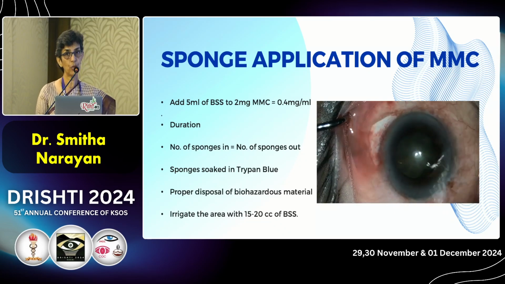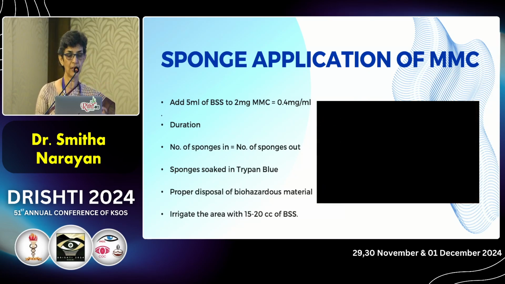The sponges can also be soaked in trypan blue for easier retrieval, and since they are biohazardous waste, you should take proper precautions to dispose of them. And after removing the sponges, you have to irrigate the area with about 15 to 20 cc of balanced salt solution.